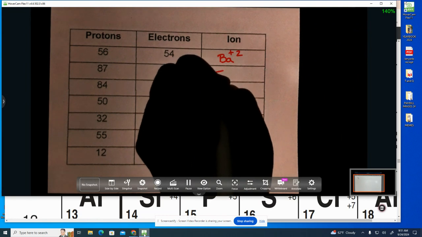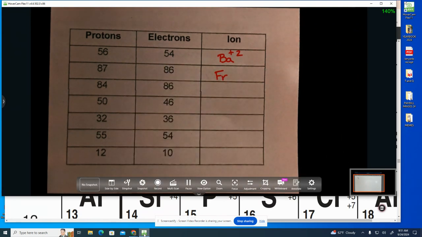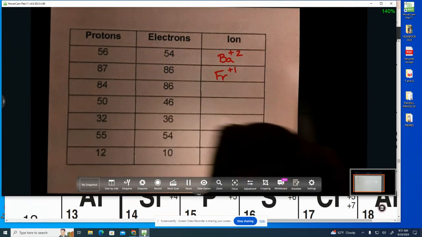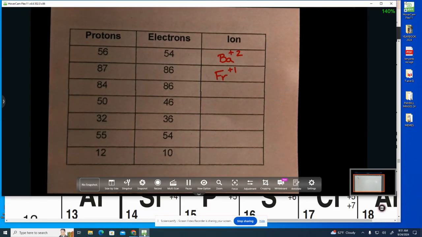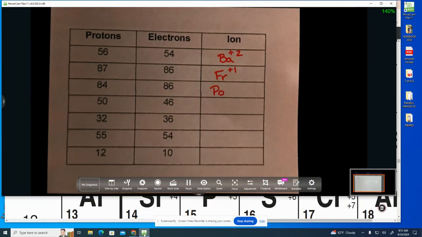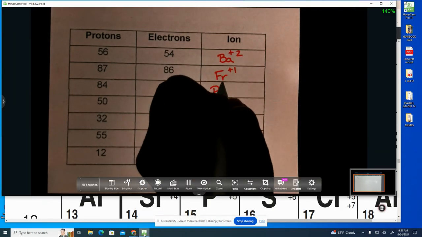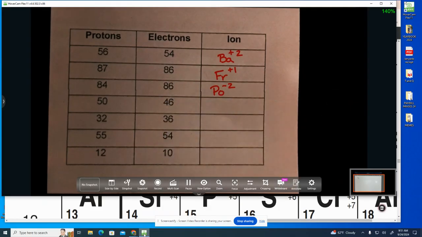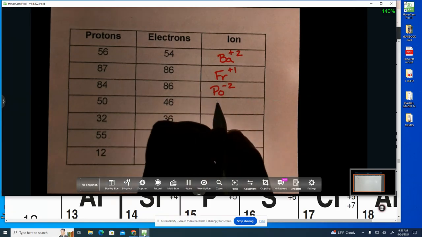Fr. What's its charge? +1. All right, 84. That looks like polonium to me. Polonium, and what's its charge? -2. Beautiful.